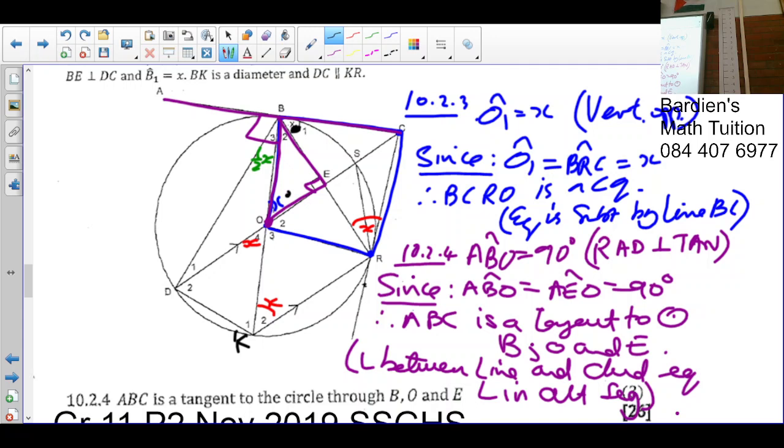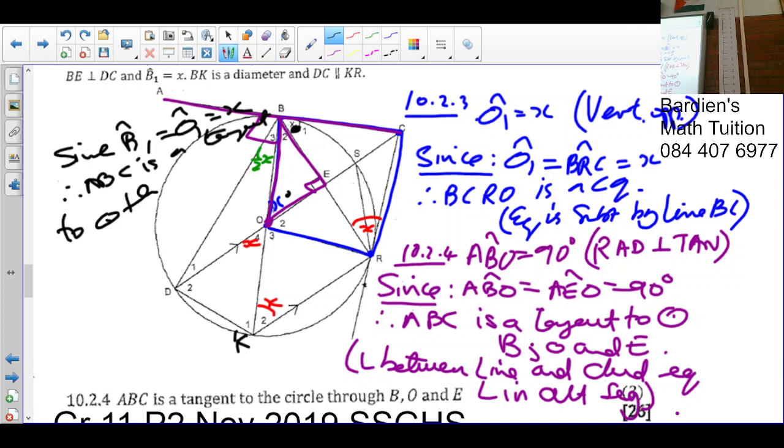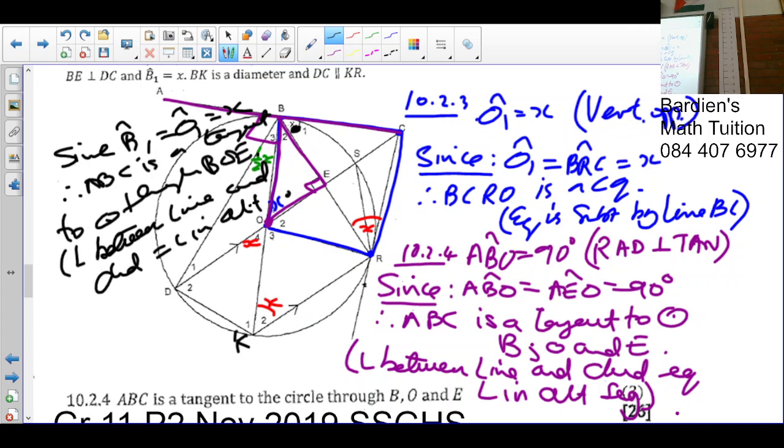We just say since B1 is equal to O1, which is equal to x, therefore ABC is a tangent to the circle through BOE. Why? Because angle between line and chord equals angle in the alternate segment.